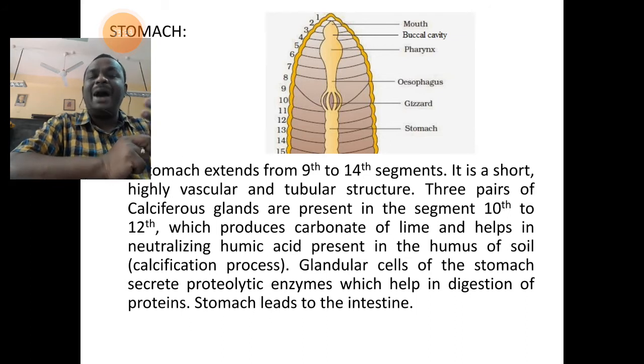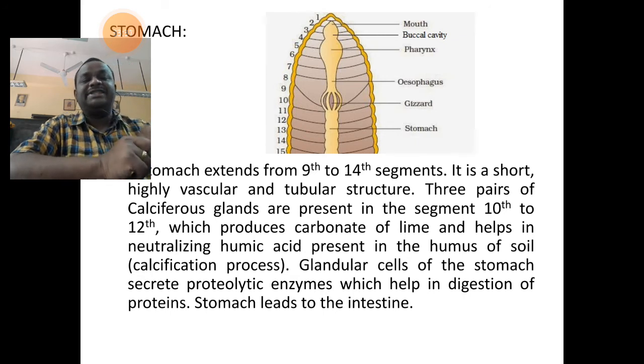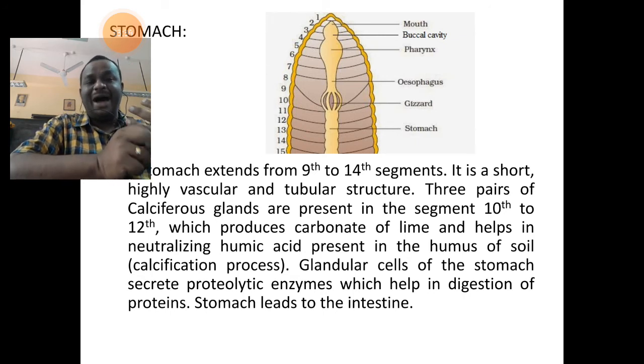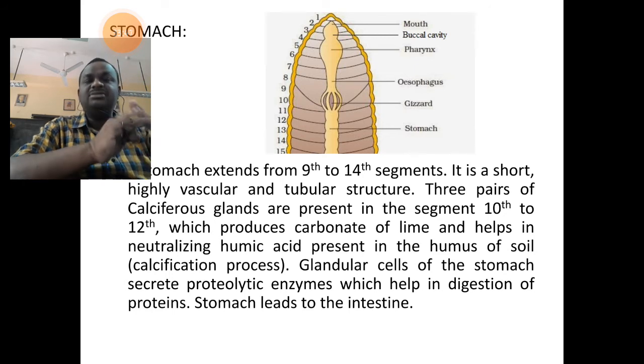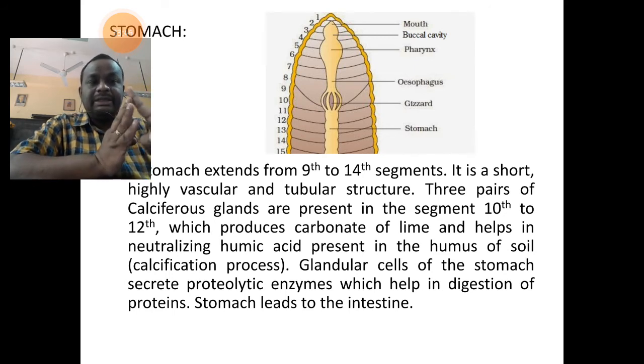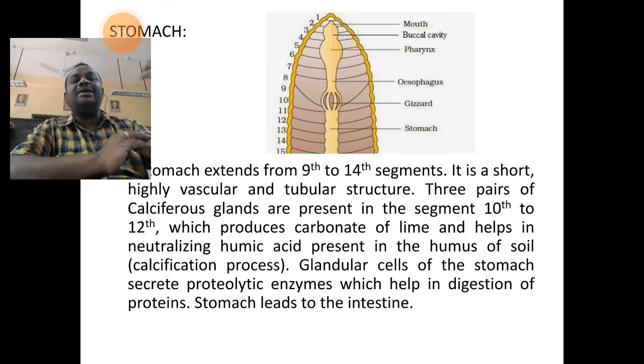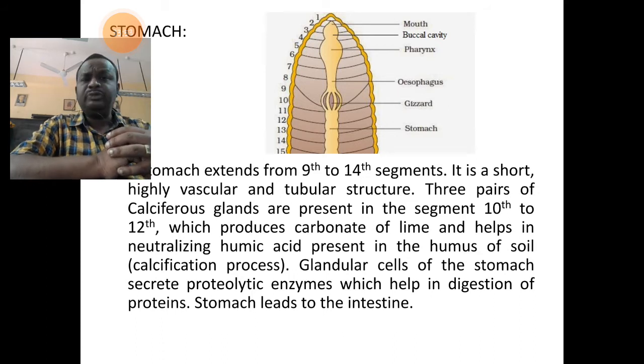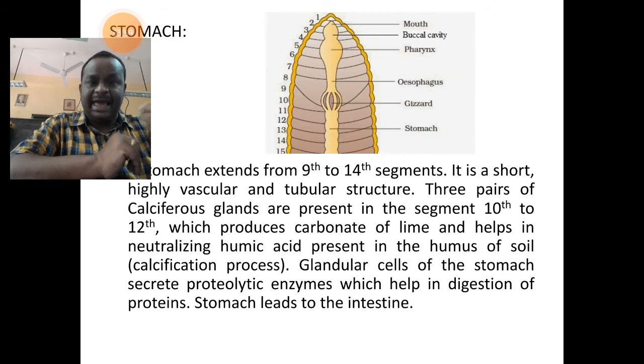There are three pairs of calciferous glands present in this part of the stomach between segment number 10 to 12. So, 10th segment, 11th segment, 12th segment. These three segments have glands in them, inside the stomach part. These glands are called calciferous glands.